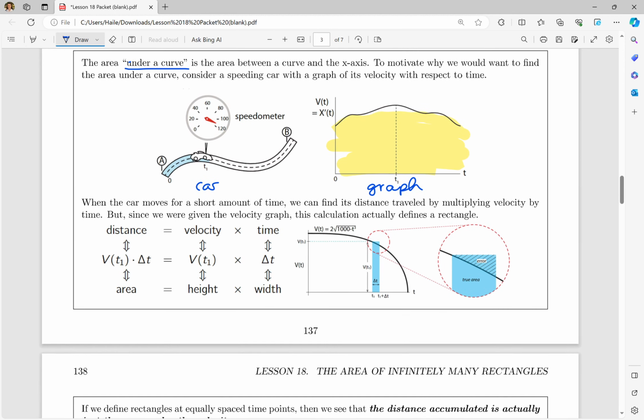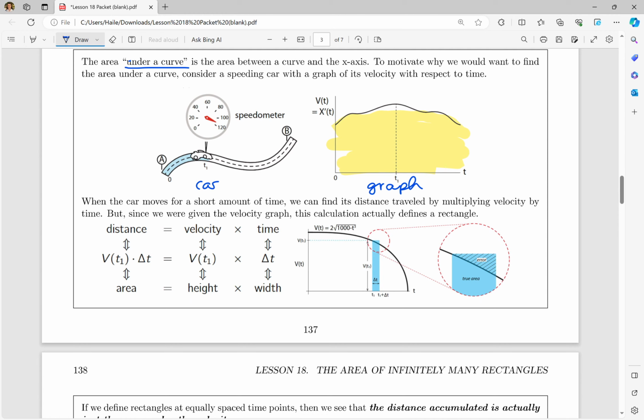When the car moves for a short amount of time, we can find its distance by multiplying velocity by time. That's a formula you've probably seen for a while: d equals rt, so distance is velocity times time. However, we were given the velocity graph.